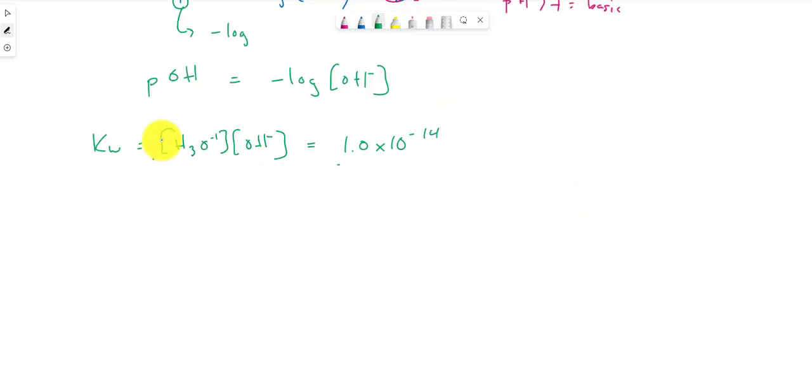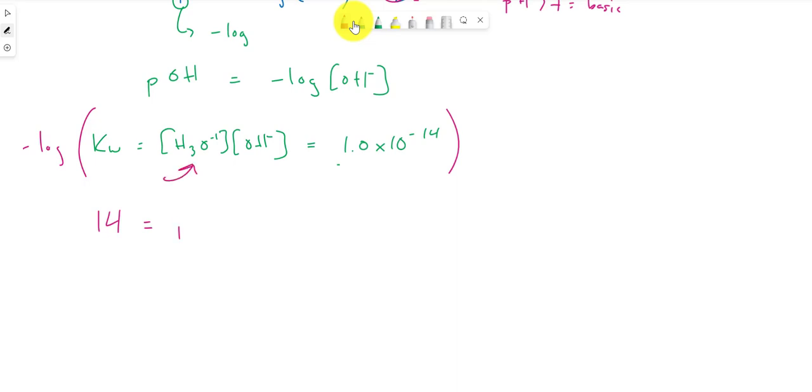And since we know this to be true, the equilibrium expression for the autodissociation of water, that has to be true always with water, then we could simply take the negative log of all of these things and have our relationship between pH and pOH. So if we just negative logged everything in this expression, what we'd end up with is 14, because negative log of 10 to the minus 14 is 14, is equal to, and what was the negative log of H3O+?